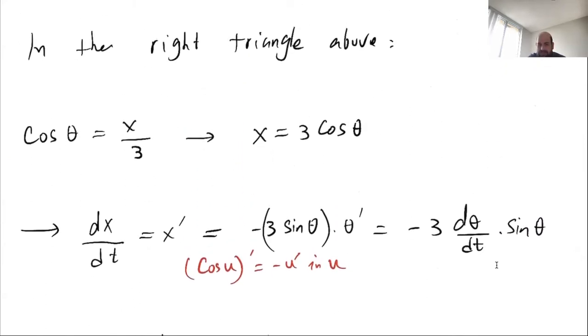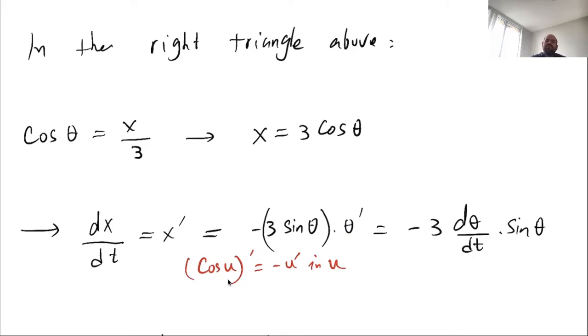So see here, this x here is like my y here, this theta is like my u, and this t is like my x. So dx/dt is like what I was saying, dy/dx in the previous examples. And then we have cos theta, but then we said cos theta has the role of u.